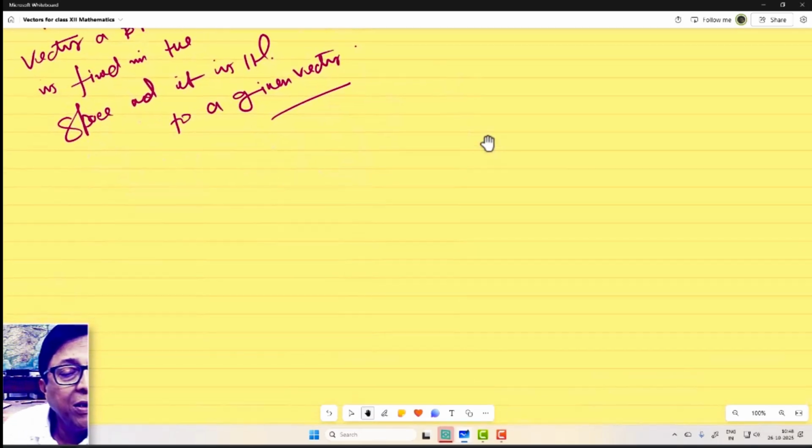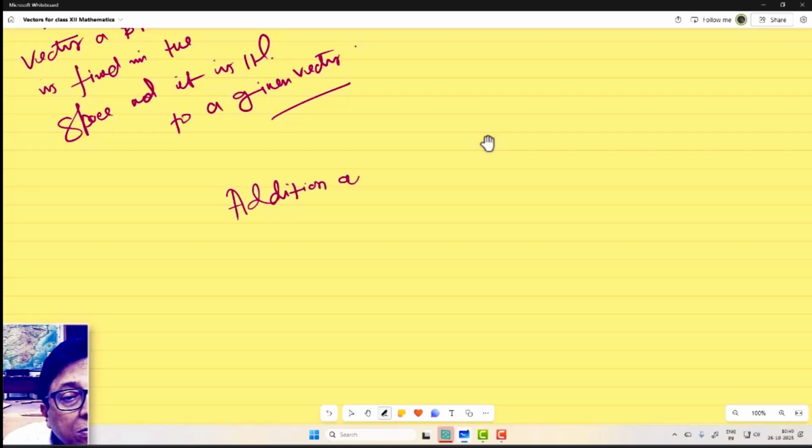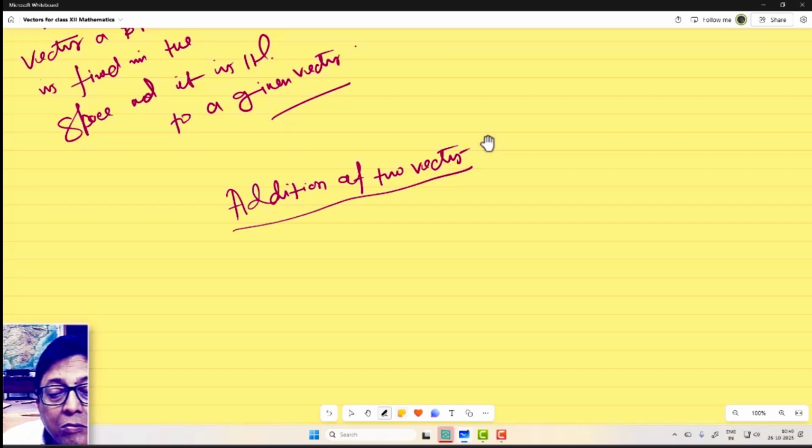Now we learn addition of two vectors. If you want to add two vectors, you have to take the help of the triangle law. These are two vectors.